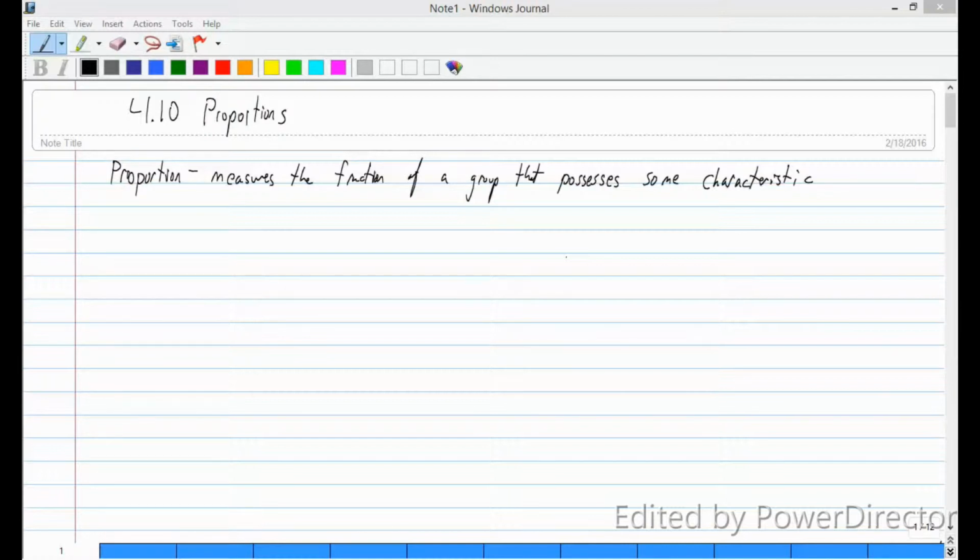All right. Your book goes through an example and says, suppose your statistics class is composed of 48 students, of which four are left-handed. So let's say we had 48 students in our class, and 4 of those students were left-handed.